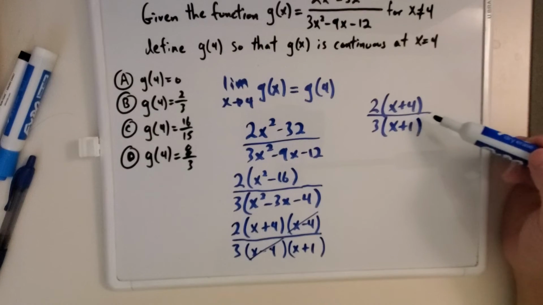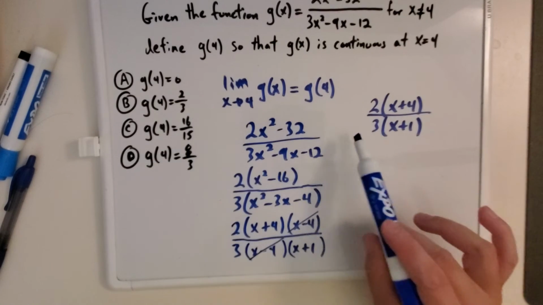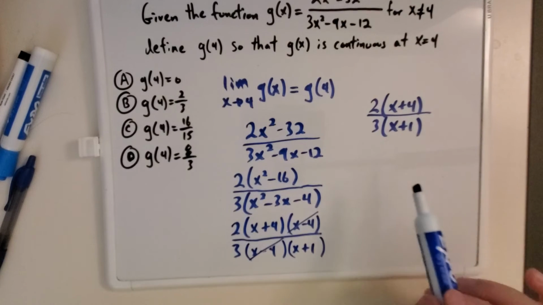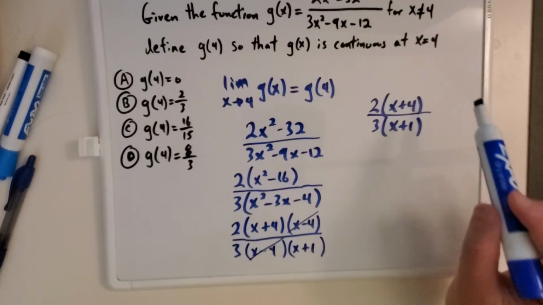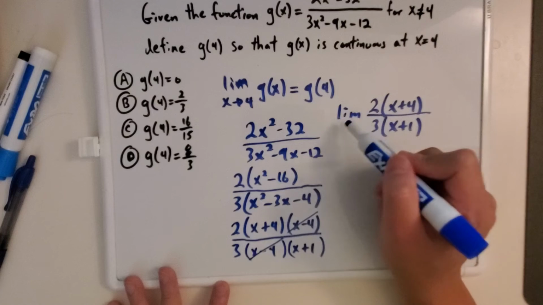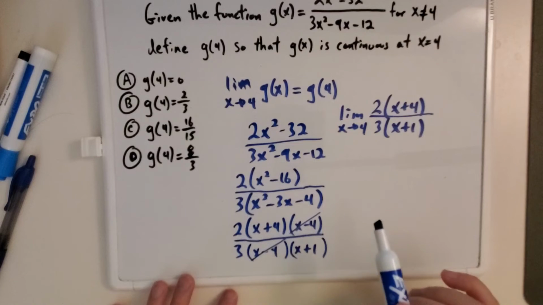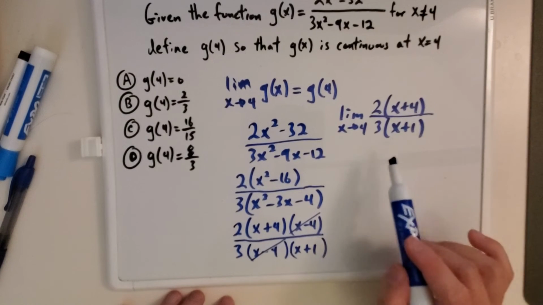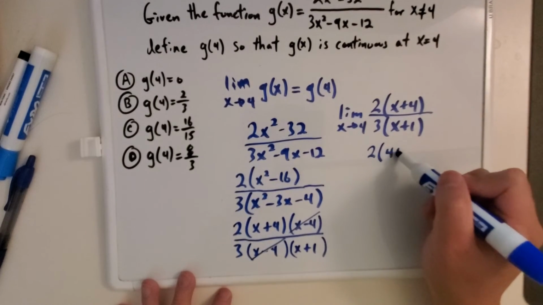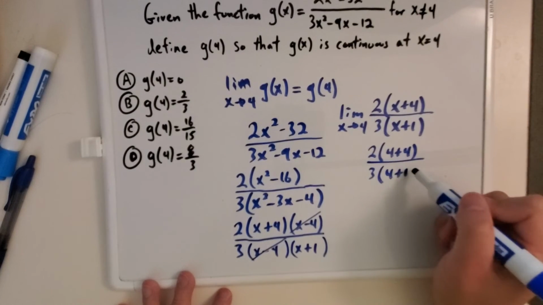Now that we clean this all up, we can bring in our limit. We can bring in our limit value so that we can substitute directly and figure out what value x equals 4 has to be in order for g of x to be continuous. So we can say limit as x approaches 4, and we can just do a direct substitution in here because there's nothing that would make a 0 in the denominator. So we have 2 times 4 plus 4, and then we have 3 times 4 plus 1.